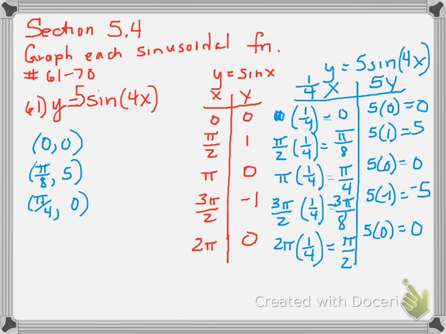Then we have 3 pi over 8, negative 5, and then pi over 2, 0. So these are the points that I will plot to get my graph. And that is it.